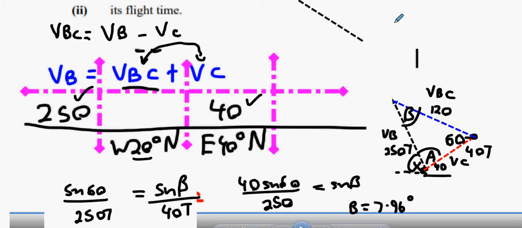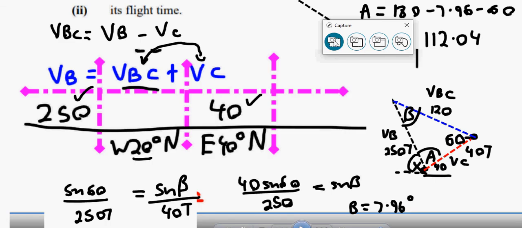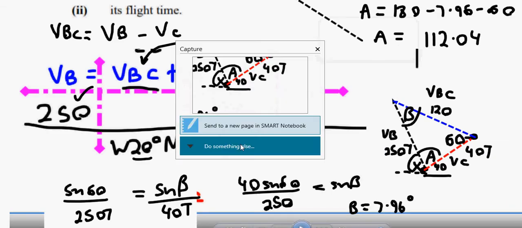Now what you can say next is that angle A equals 180, take away 7.96, take away 60. Angle A is 112.04. Now, if we zone in on this part here, which I'll make a bit larger for you, onto the new page.